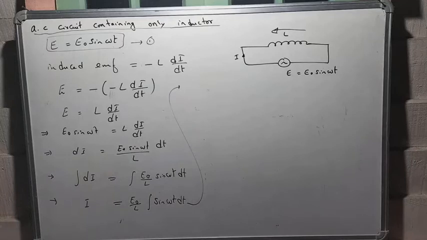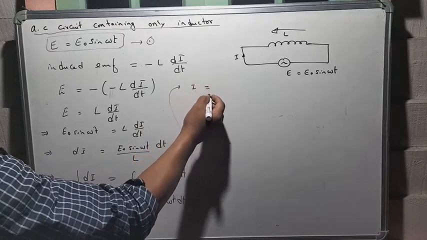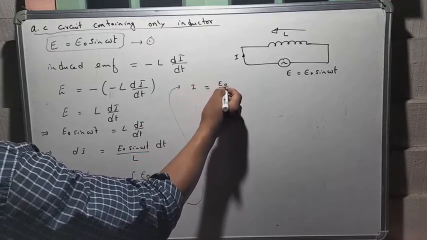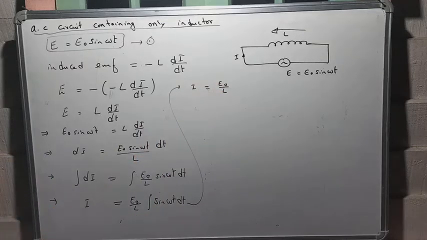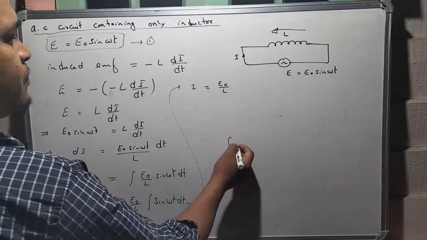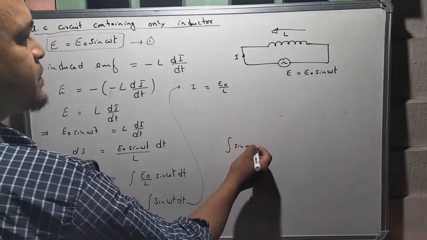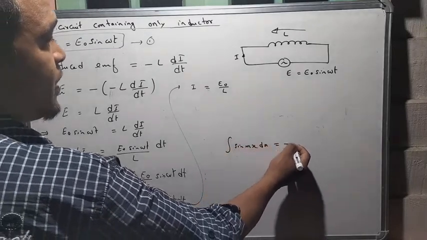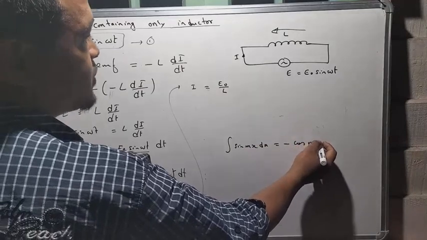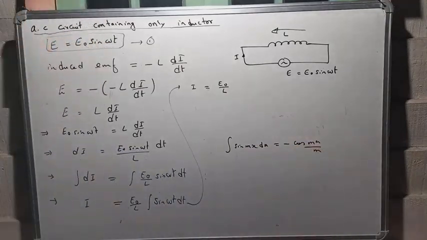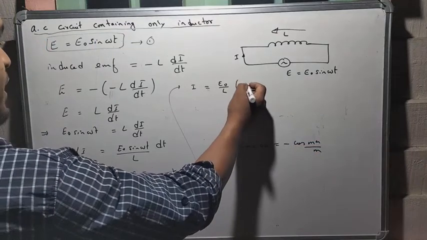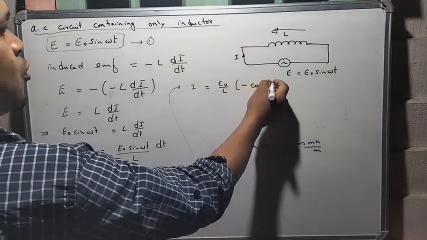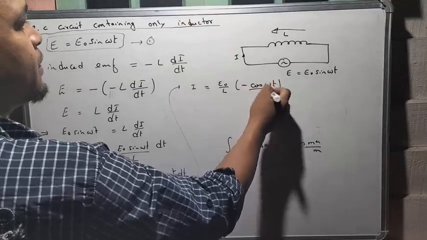Now what is the integration of sine omega t dt? We know the integration of sine mx dx is minus cos mx upon m. So similarly, when you integrate sine omega t dt, you will get minus cos omega t upon omega.